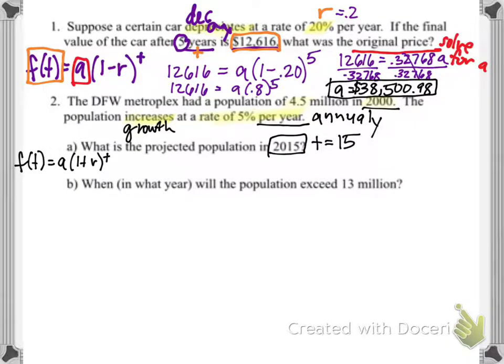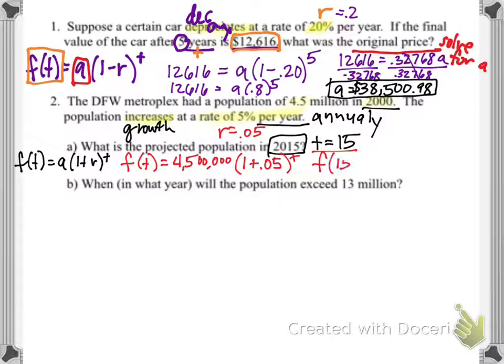I'm going to plug in what I already have. I know that the population started at 4.5 million, so 4,500,000. You could also do 4.5 if you just were measuring it in millions. It increases at a rate of 5%, so R equals 0.05, to the T. Then I'm going to plug in T equals 15.